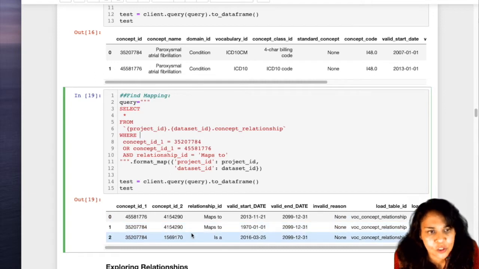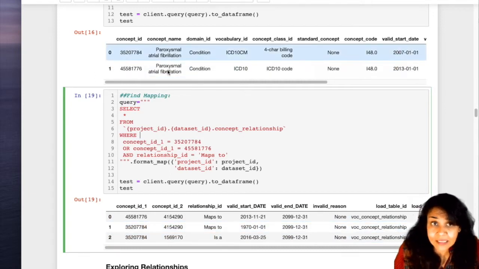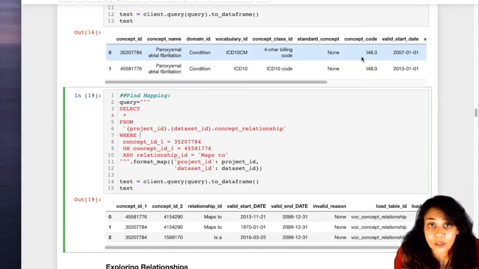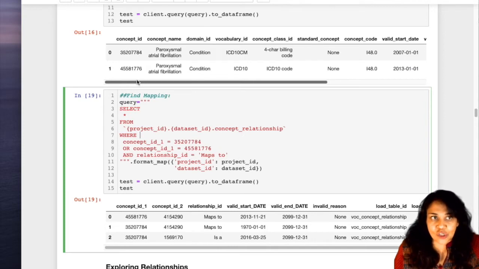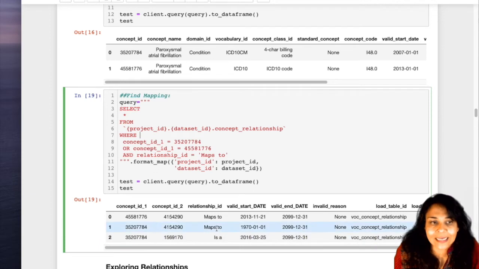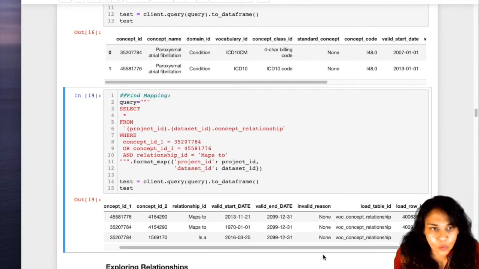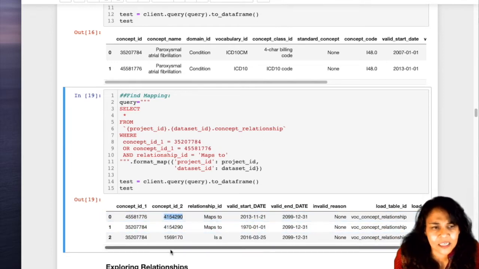So they both map to the same concept ID, which makes sense, because they started out with the same concept code, and though the concept IDs, which is their position in the concept table, are different, they map to the same standard concept ID. That's good because the relationship is maps to, and this number is the same for both. So it's the standard concept ID.